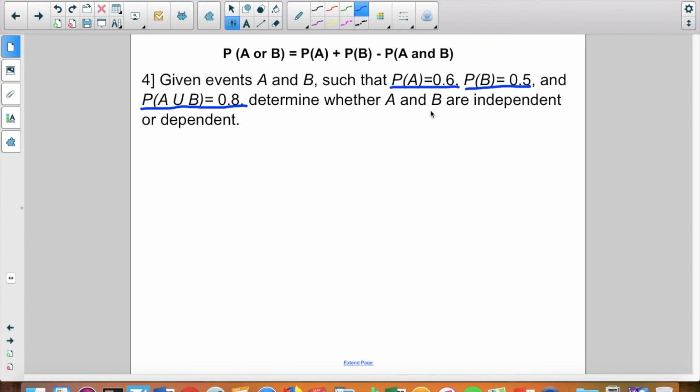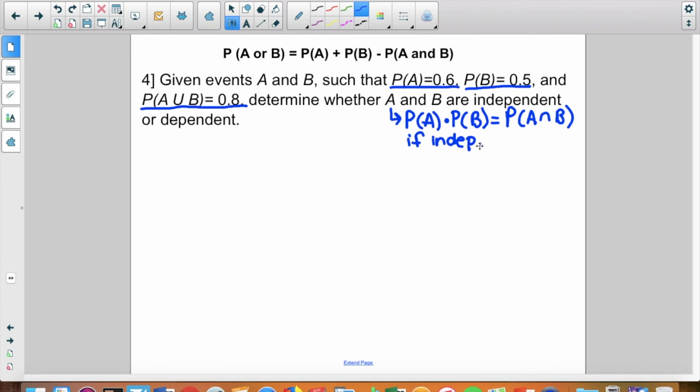To determine whether A and B are independent or dependent, what we need to do is determine if the probability of A times the probability of B is equal to the probability of A and B. That happens if they're independent.